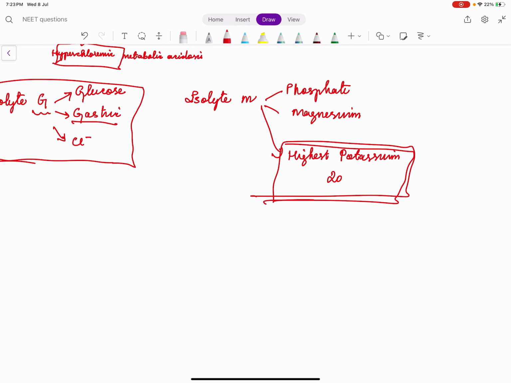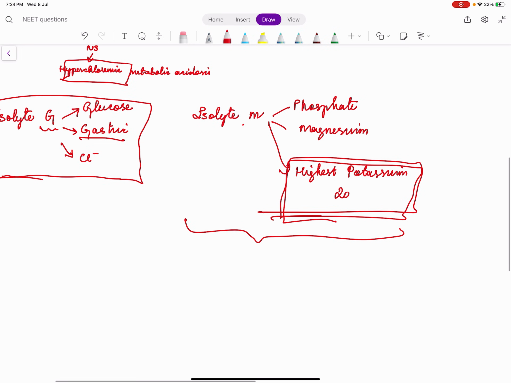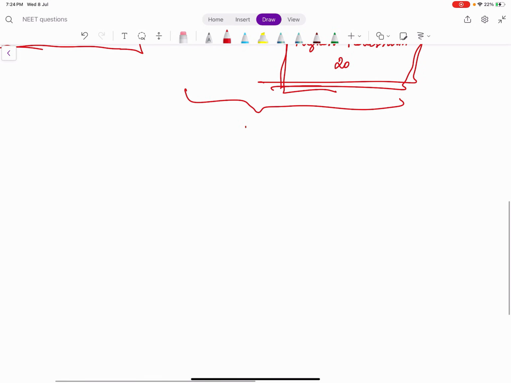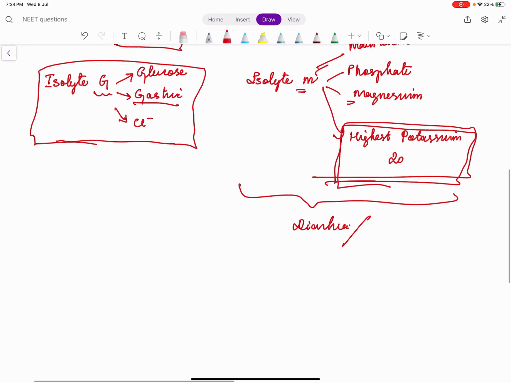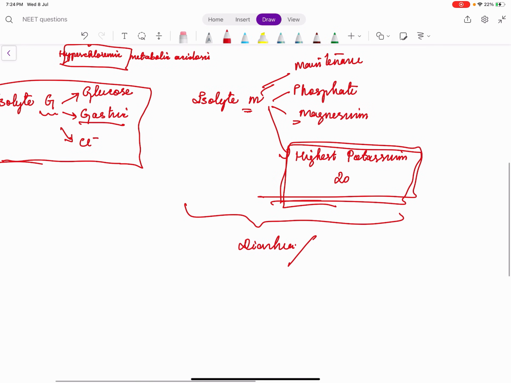M stands for maintenance fluid, and M also stands for magnesium. It is the preferred maintenance solution in diarrhea, or whenever a person is not taking any intake. Highest potassium amount may be the one-liner if it is asked.